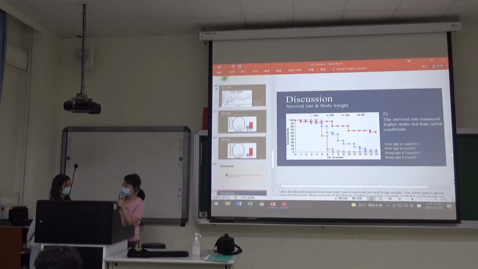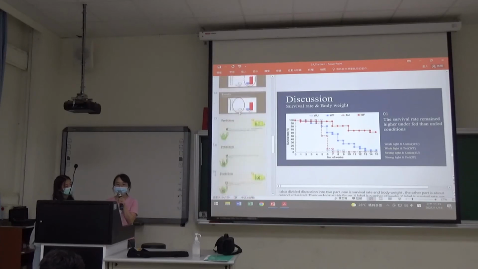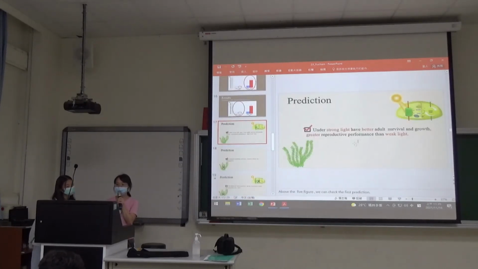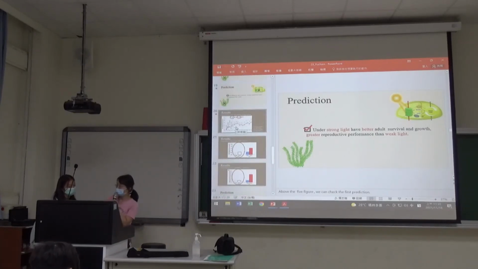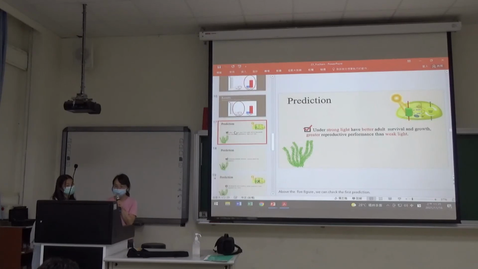Because you have 3 predictions, when you have presented all the data needed to support your first prediction, you can discuss it already, and then check your prediction. That will give a better flow of logic. Otherwise, you are describing the data a lot.